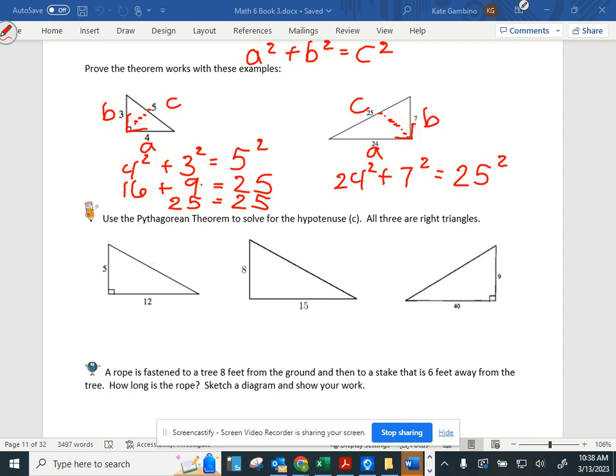So 24 squared is what? 6,000. 24 times 24? I am not getting 6,000. I asked for us to take our calculators out so we can know the actual answer.